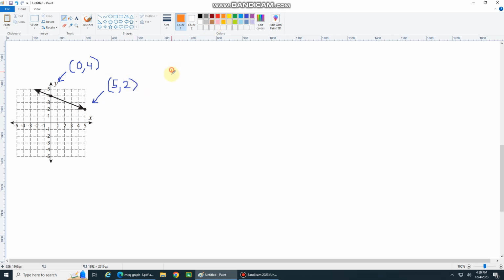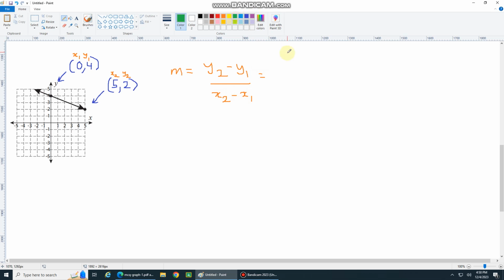Step 2, let's find our slope. So I need to label this first. Let's see. I'll make this x1. This will be y1. This will be x2. And this will be y2. So let me use my formula, which is y2 minus y1 over x2 minus x1. And let us substitute.